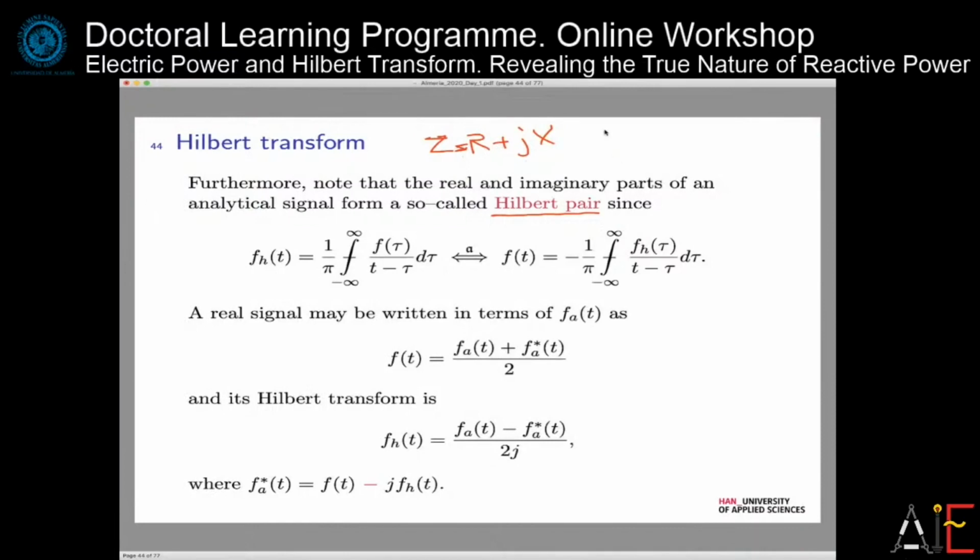Then if you know the real part for all frequencies, then by applying this notion of this Hilbert pair, you also know X. And reversely, if you know X, the imaginary part of your impedance for all omega, then you also know the real part. And this is known as the Kramers-Kronig relationship.